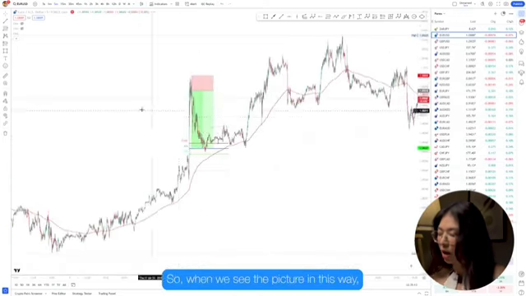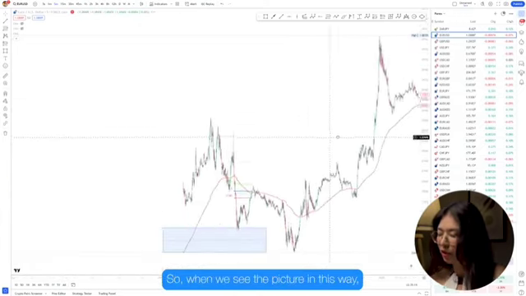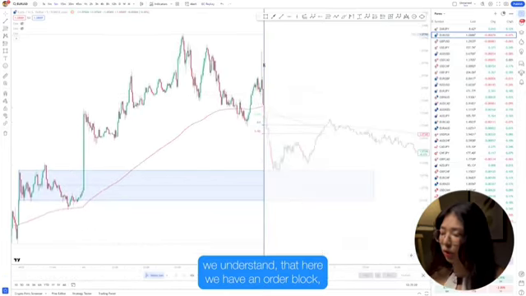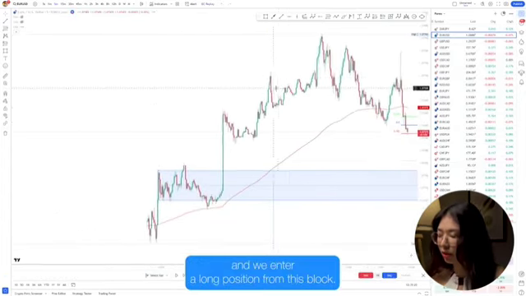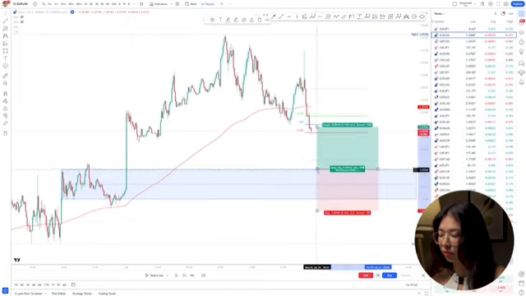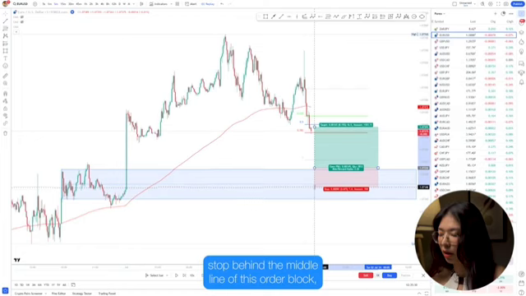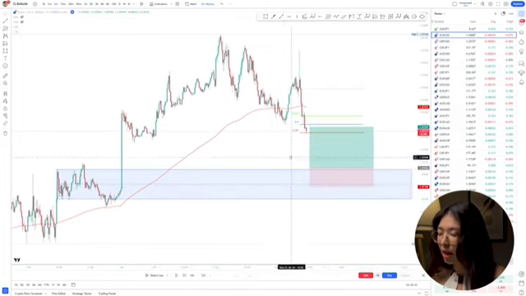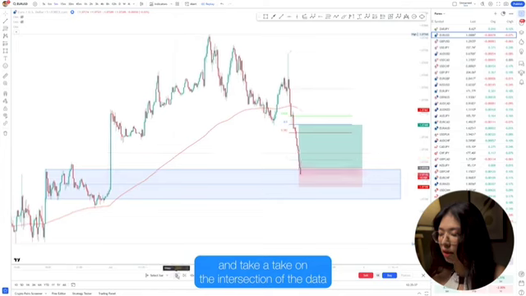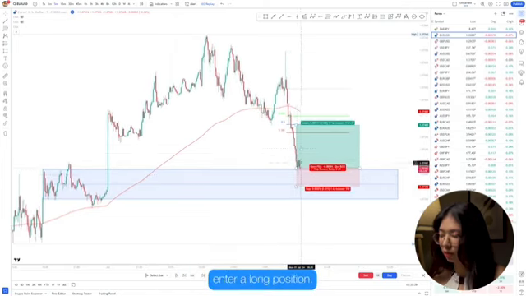So, when we see the picture in this way, we understand that here we have another block, and we enter the long position from this block. We put a stop behind the middle line of this order block and enter a long position.